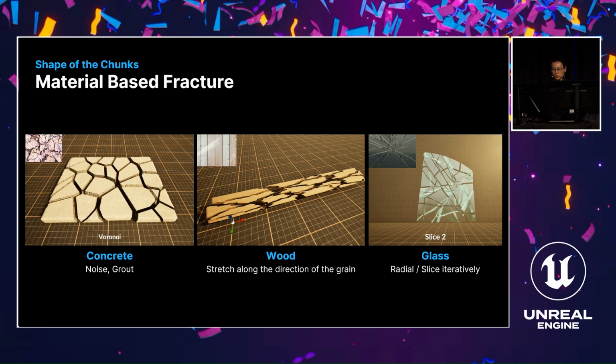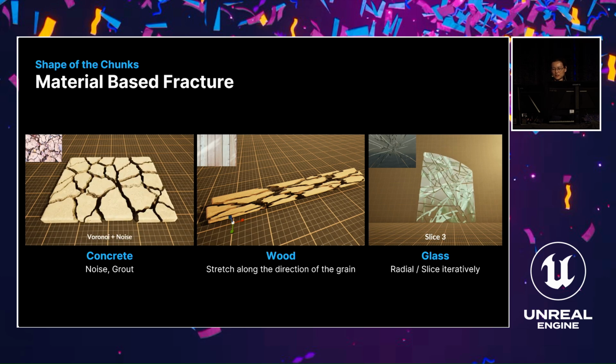And for most wood material, the wood grain always runs along a specific direction. A common technique I always use is to first shrink the object down along the grain axis, fracture it, and then stretch it back. This can give us a splintered look. Okay.